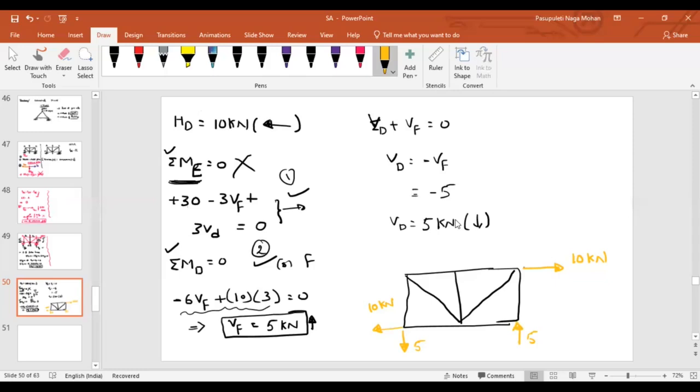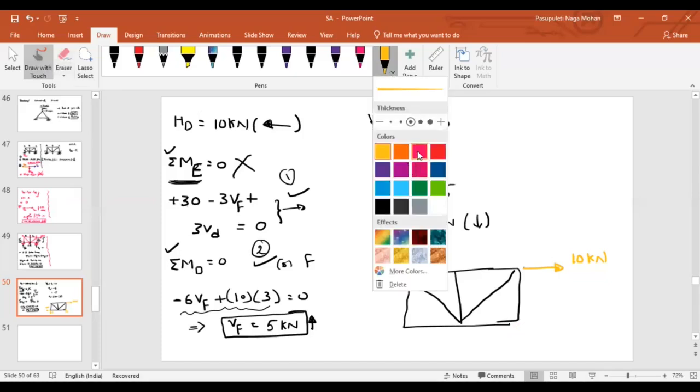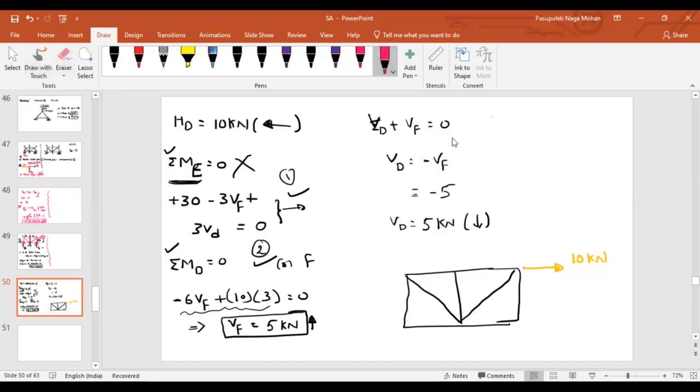Now, let me solve this problem much easier than the previous one. See, don't go blindly with the equations, and let us visualize things. What is happening here?